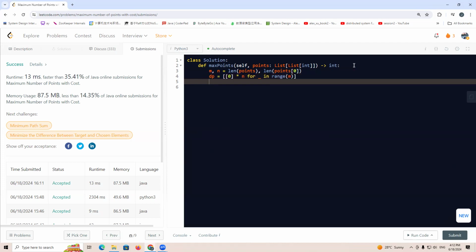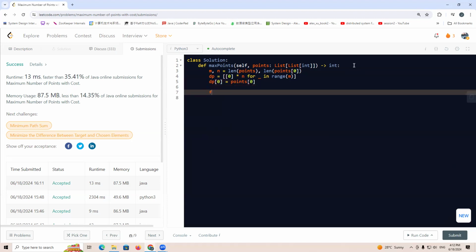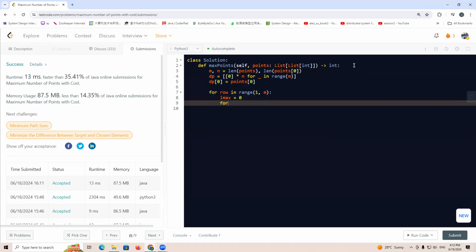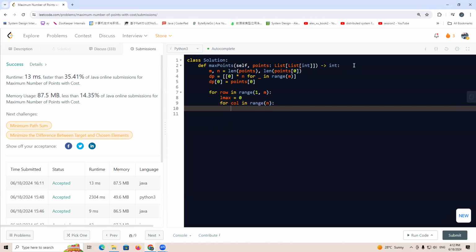And we are going to have dp 0 equals points 0, right? And for row in range from 1 to m, we're going to have L max equals 0. And for column in range n, we're going to have L max equals max of L max minus 1 and dp row minus 1 column.